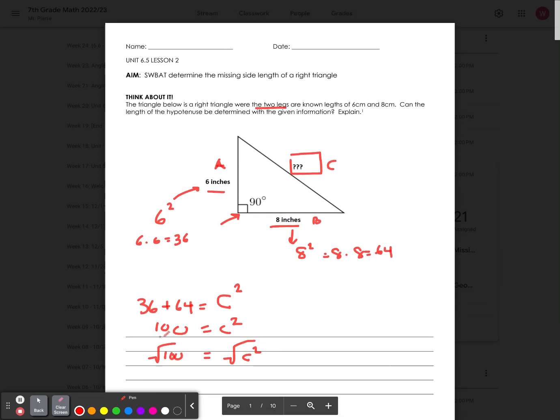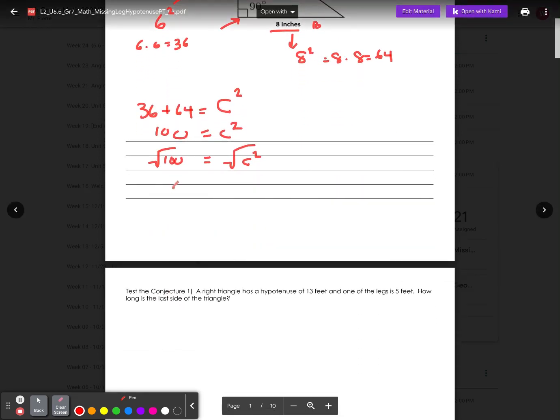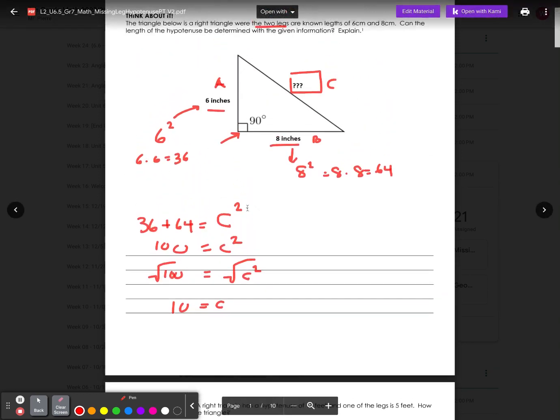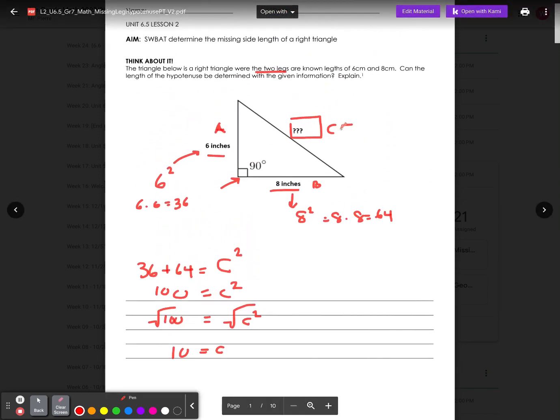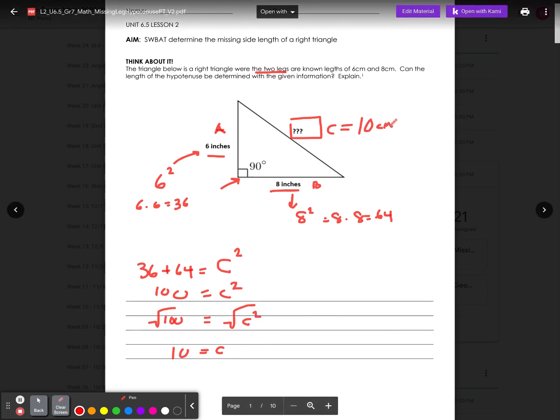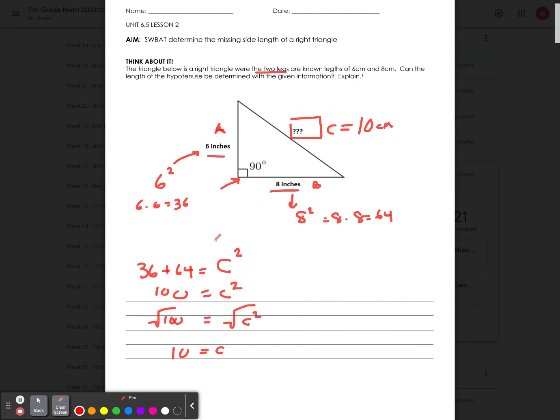Well, if you said the answer is 10, you'd be correct. So that means C is equal to a side length of 10 centimeters. So our hypotenuse is equal to 10 centimeters.